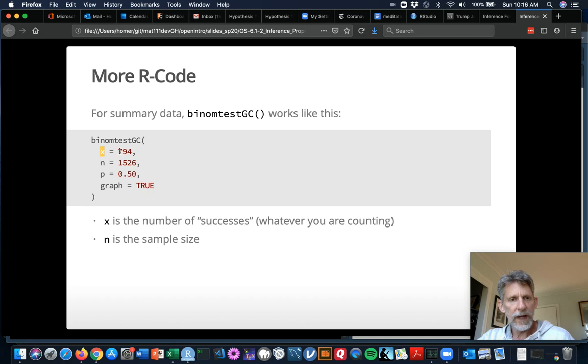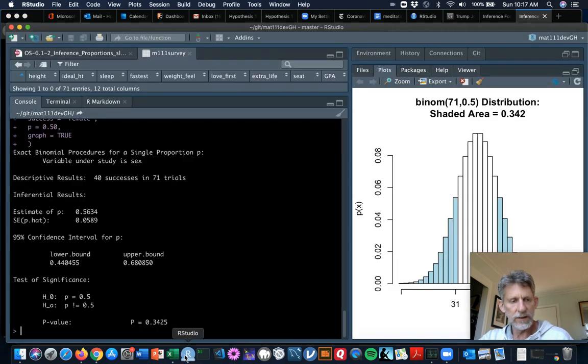There's a parameter x that you set equal to the number of successes, the number of yeses in your poll. There's a parameter n that you set equal to the sample size. And if you want that test of hypothesis, you've got to give a null value with the parameter p. And just for fun, again, we'll do graph equals true. So let's go ahead and copy paste and run this in RStudio.